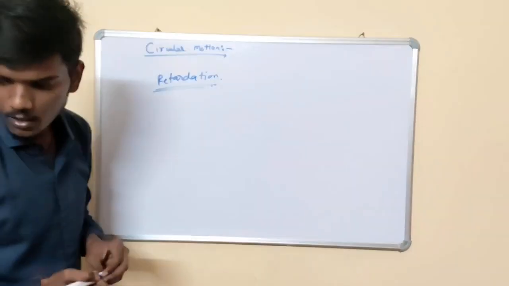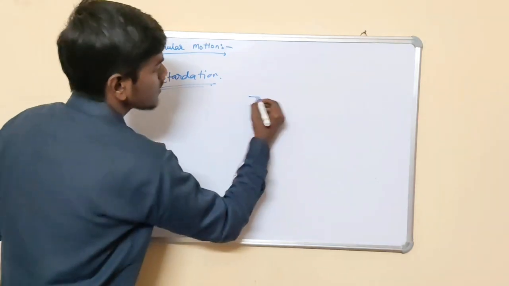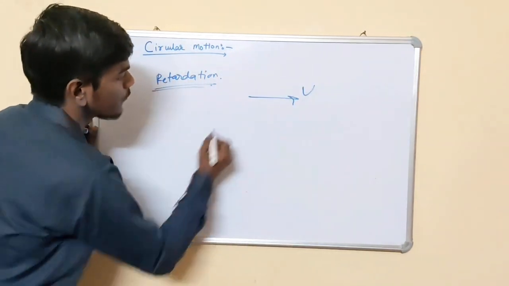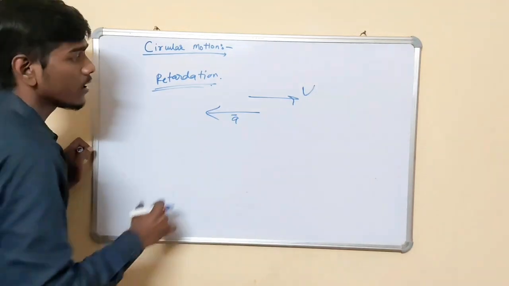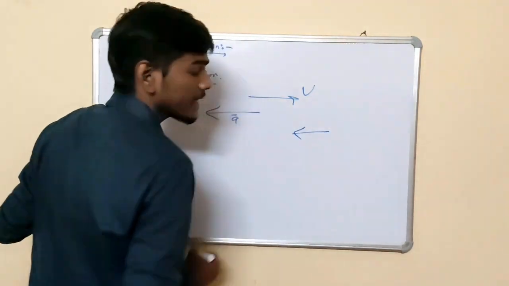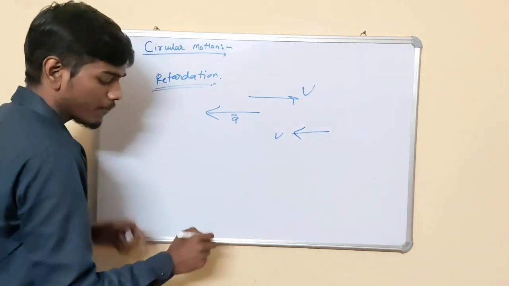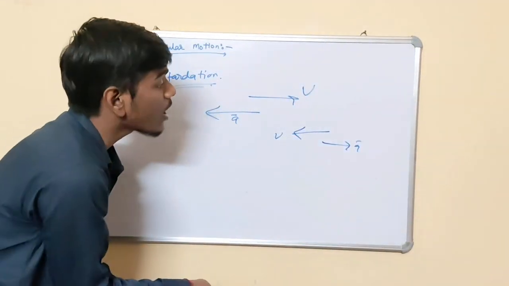Let's try to relate this with kinematics. If our particle is moving linearly like this and I put an external acceleration in the opposite direction, then it is applying retardation. But if our particle is moving in the negative x direction and I put acceleration in this direction, it is also retardation.